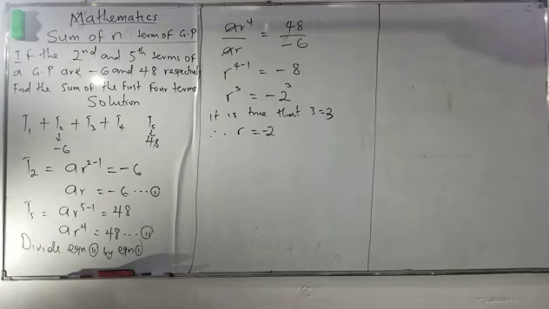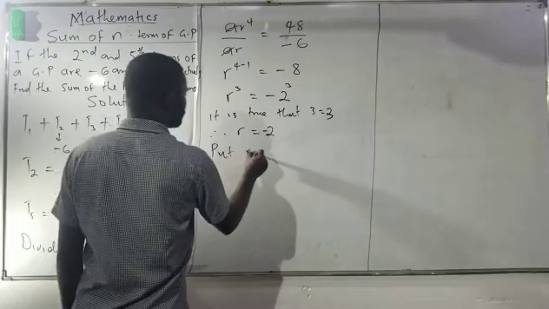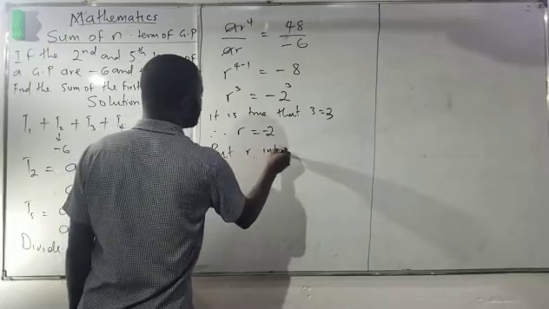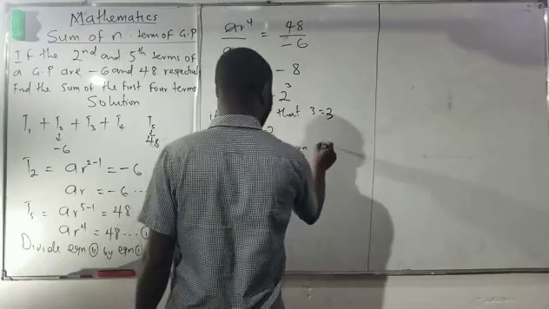Okay, do I need a? Okay, I still need my a. If my r is equals to minus 2, how will I get my a? Put r into any equation, say equation 1.